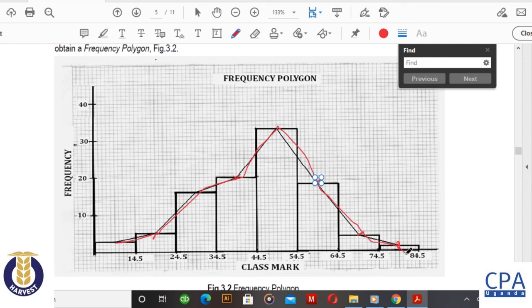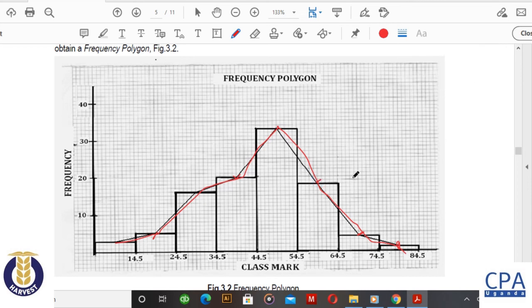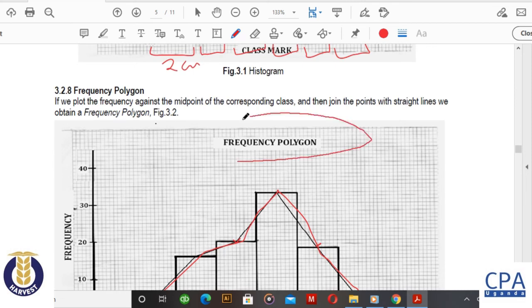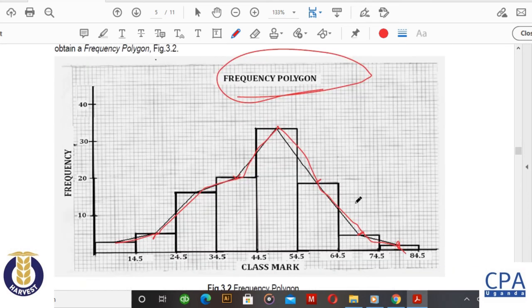So that line that you get, or the line that superimposes itself on the histogram, is ideally what we call the frequency polygon. Again, as I've mentioned, the frequency polygon is going to be part of those areas that are going to be examined. So ensure that before you go for the exam, you know how to construct a frequency polygon.